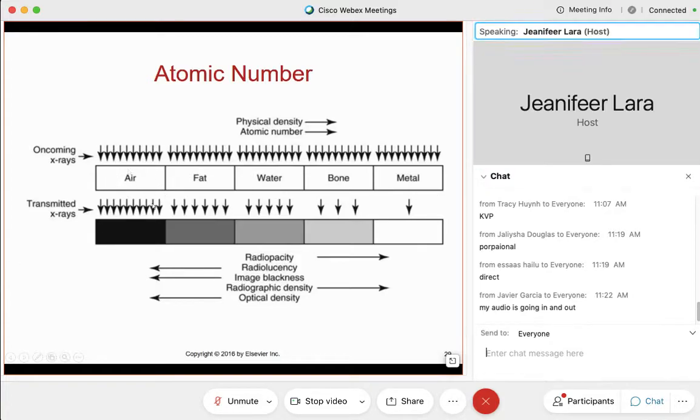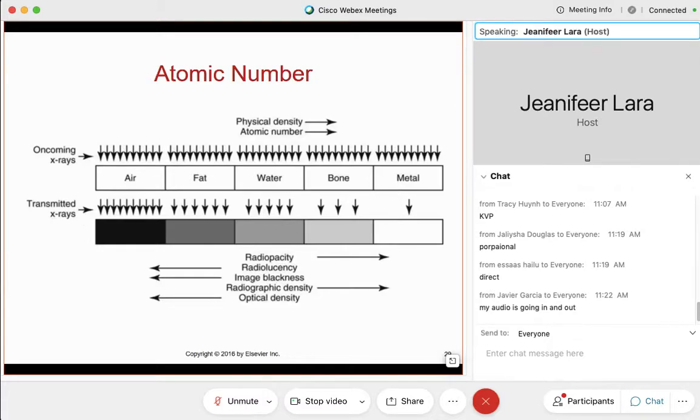So here we have a low atomic number versus a high atomic number. A low atomic number tissue will attenuate less. A high atomic number will attenuate more. You can get easily lost in the words. So again, I highly encourage you to write out your definitions.